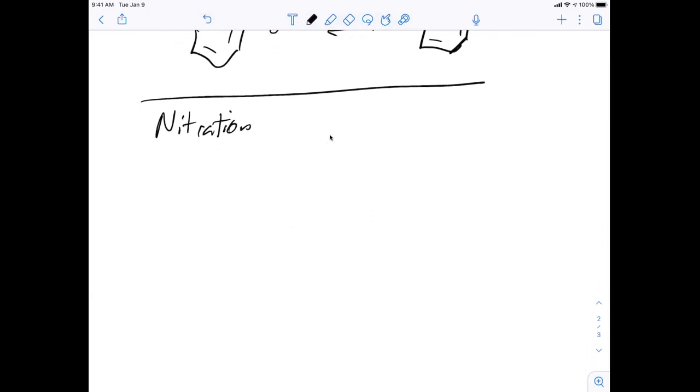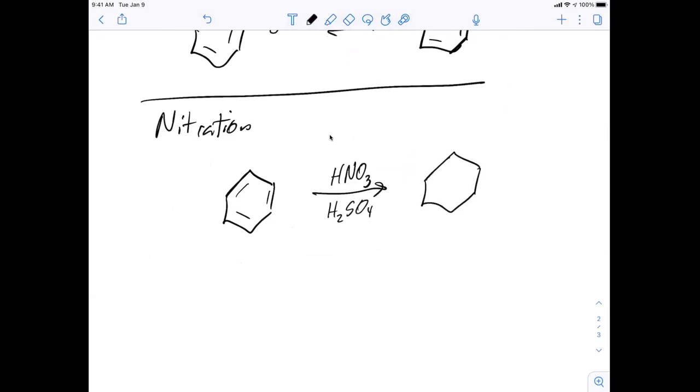Again, we're going through several aromatic electrophilic substitution reactions. So if we take nitric acid in sulfuric acid, we can nitrate aromatics. So we get the NO2.